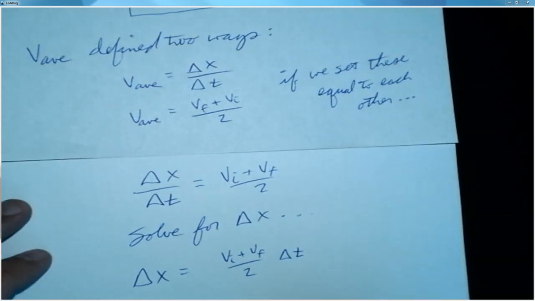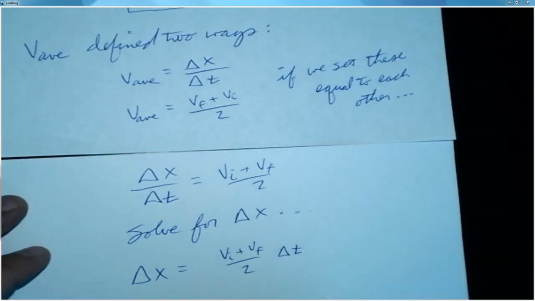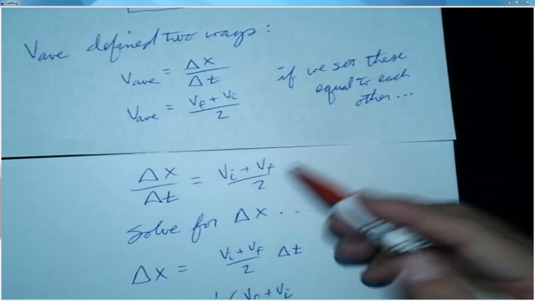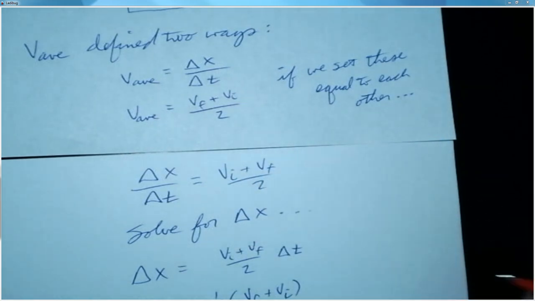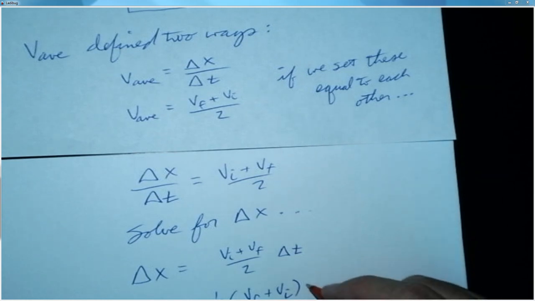Now, this is a little awkward, so I could write it this way. I could take that over 2 and make it a 1/2 out front. I am not being consistent with what order I put VI and VF in because it doesn't matter. I'm adding them. It doesn't matter what order I put them in in the slightest.